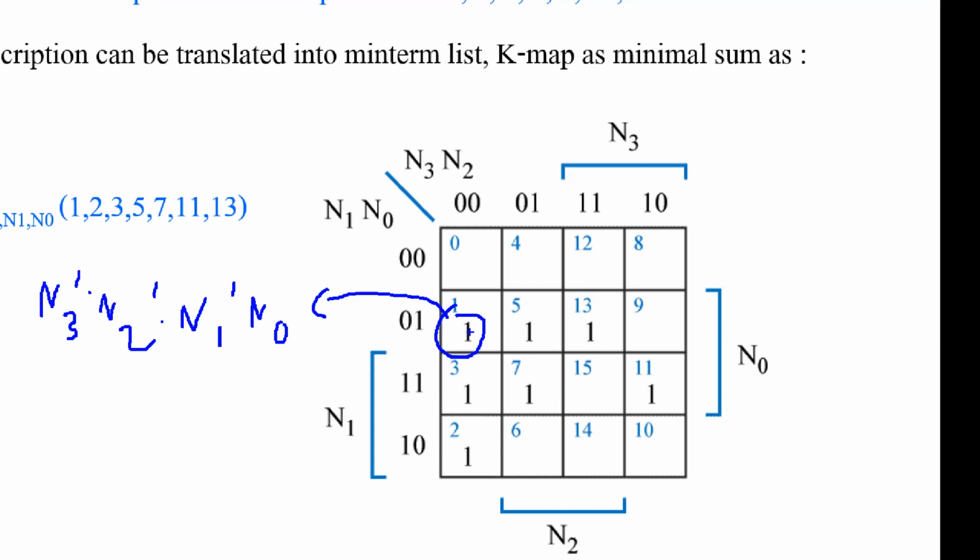Based on this example, if I remove N2, then it becomes N3 prime and N1 and N0, right? That means it covers these two cells. That means I can expand from one cell to two cells.